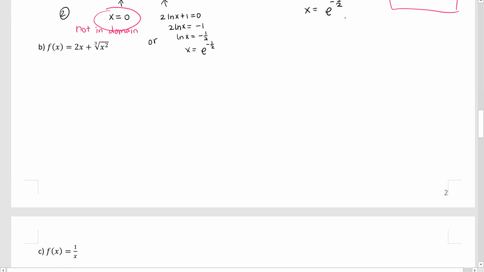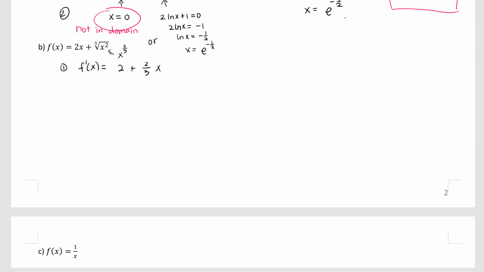All right, let's continue. So first step, we take the derivative. Derivative of 2x is 2. Derivative, let's make it into the standard form. This is 2 times x to the 2/3, right? When we differentiate, we put the exponent down in front and we subtract 1 from it.